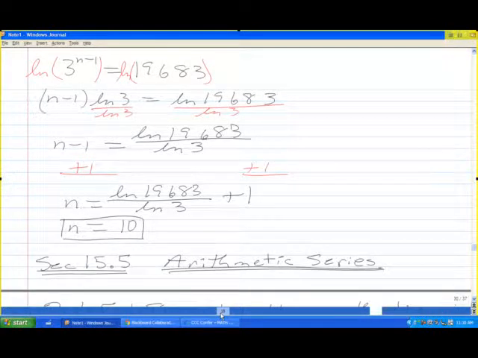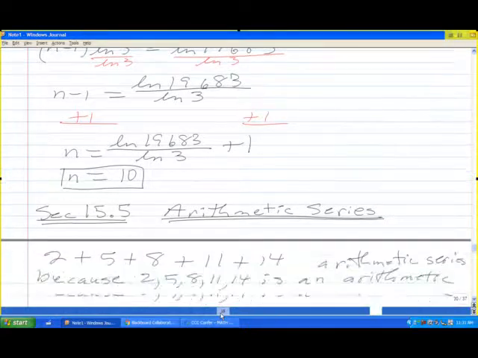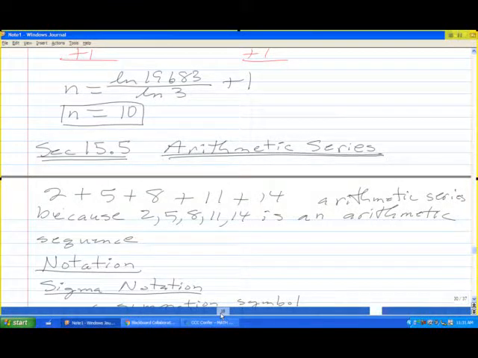So last time we started, but we didn't finish, section 15.5 on arithmetic series. An arithmetic series is a sum whose terms are terms from an arithmetic sequence.